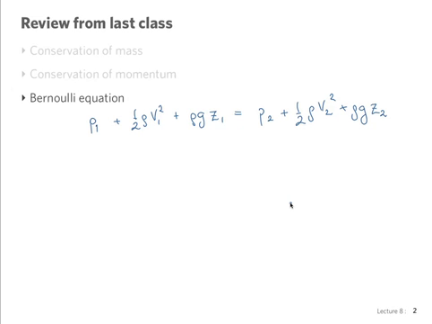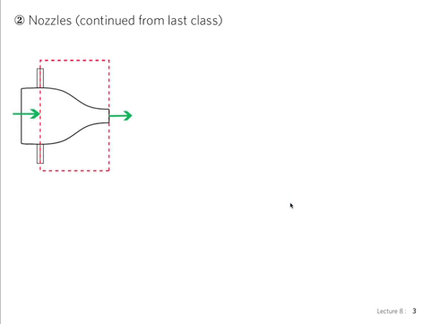So let's go back to the example that we were working through at the end of last class. I will remind you more or less how far we had gone without repeating the whole process. I will just remind you where we were, and then we'll finish it. So first we did the rocket example, and our second type of application for these principles was what I generally called nozzles.